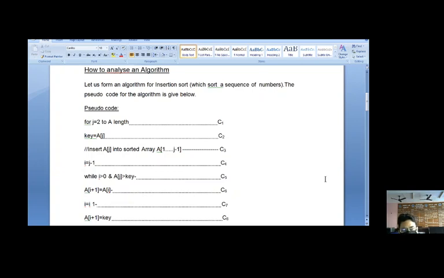Insertion sort is the technique that we use while playing cards. In it, we arrange the cards in increasing order. For arranging the cards in increasing order, we pick a card, and as we have picked just a single card, it is already sorted.